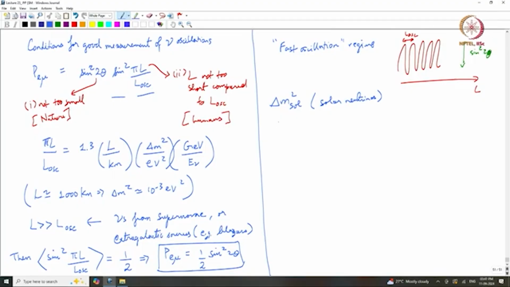I am just going to state the problem called the solar neutrino problem. Okay. This was a problem that persisted since the mid 60s all the way to 2001 actually. Okay. So, I am just going to state the problem and end the lecture.